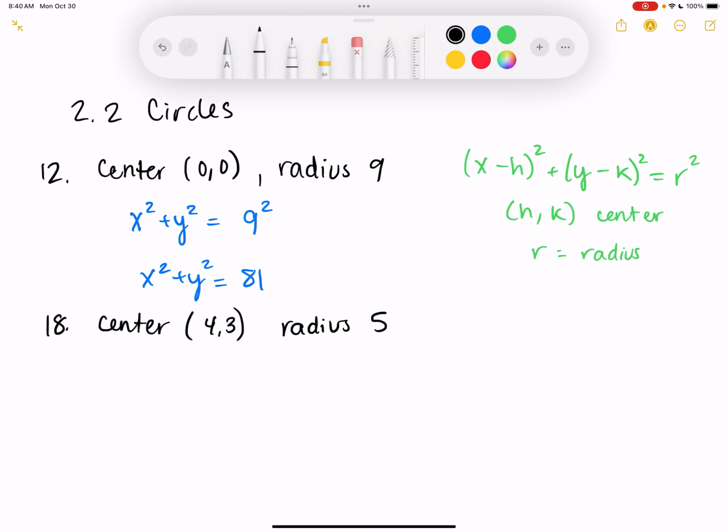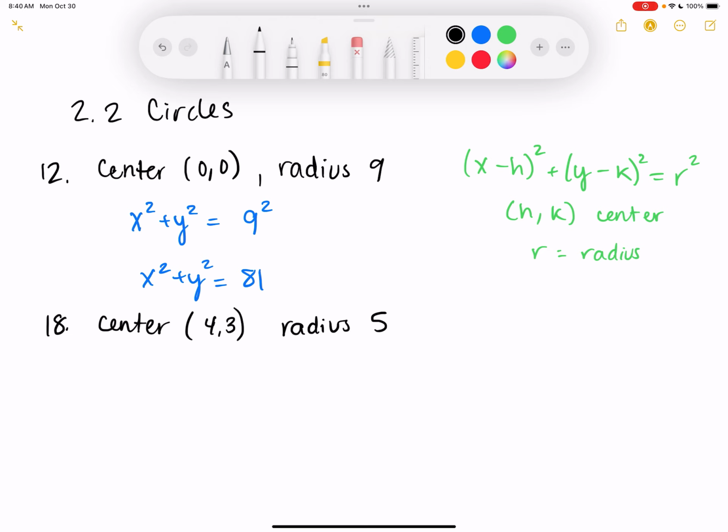So now, notice this formula. H and K here are positive, okay? In the formula, it's minus, okay? So that means that we just plug the numbers straight into the formula. If these were negative numbers, we would change the signs in here. Okay, so as long as they're positive, this is the form that we follow.